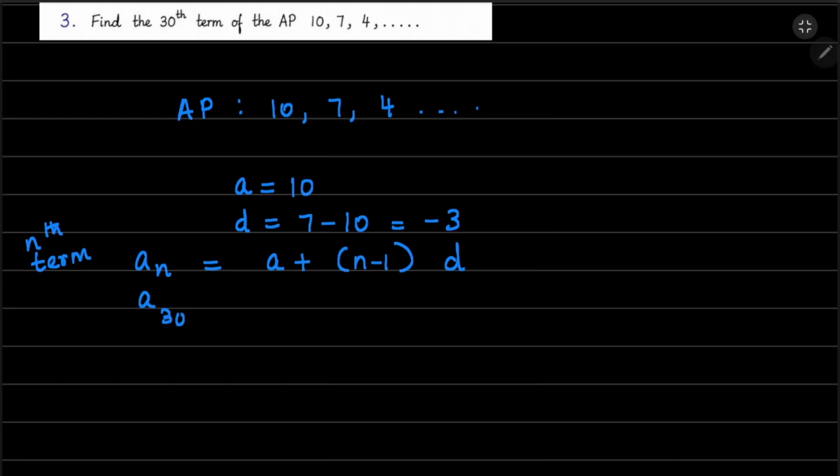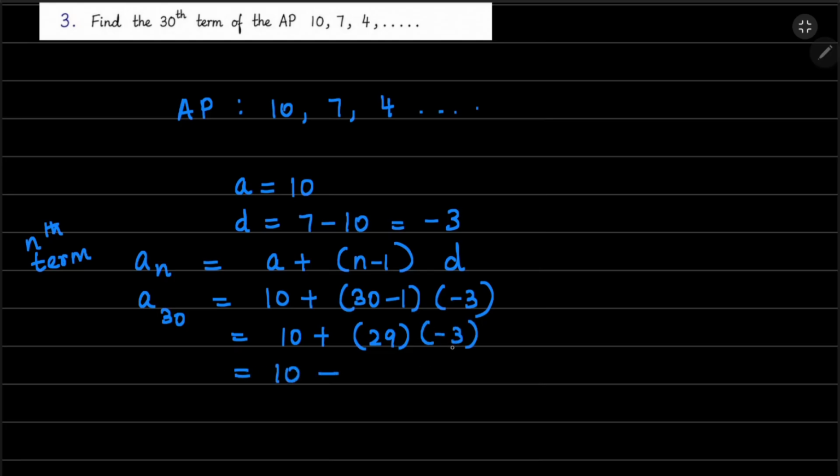Therefore, for the 30th term, n is 30 here. What is A? A is 10 plus 30, n is 30 minus 1 into D. What is D? -3. So let's solve it. So 10 plus 29 into -3. So 3 9s are 27, 3 2s are 6, 87.